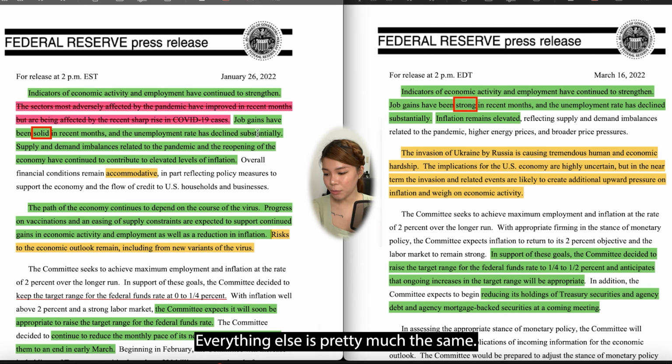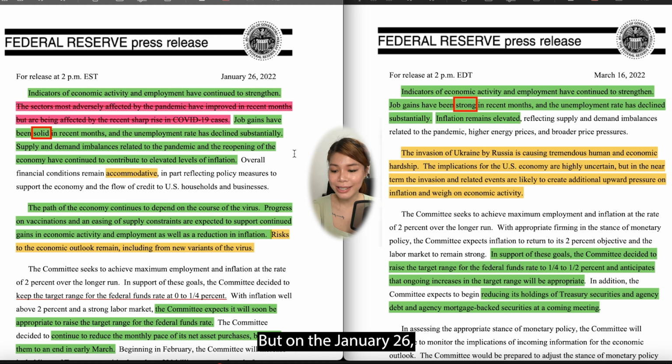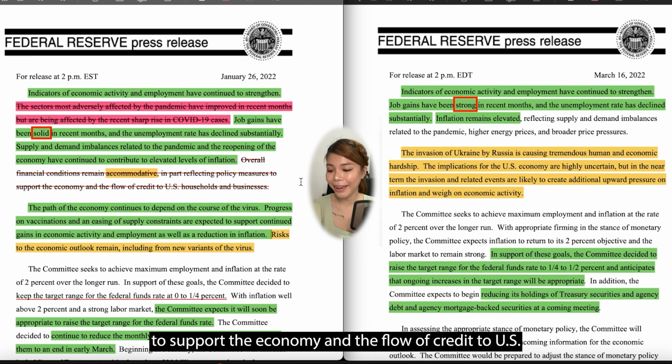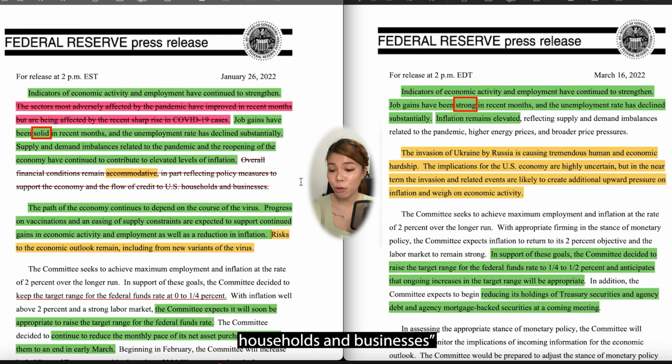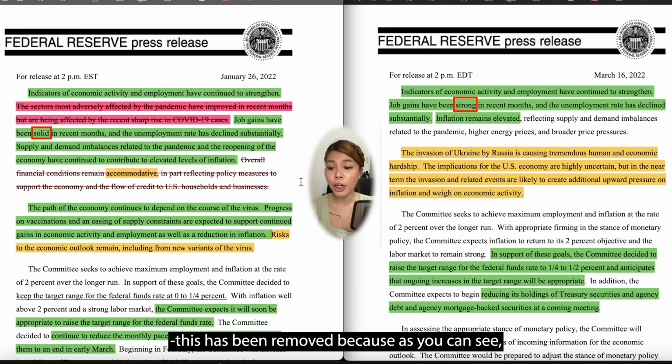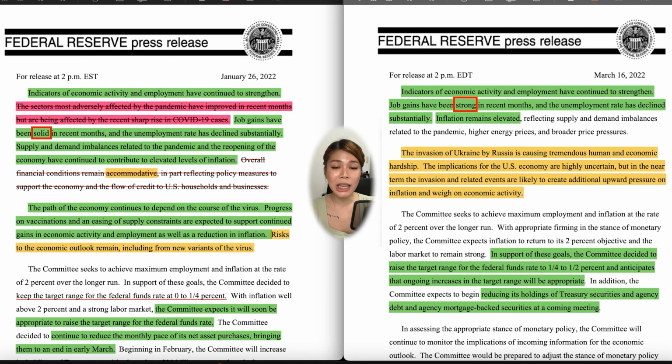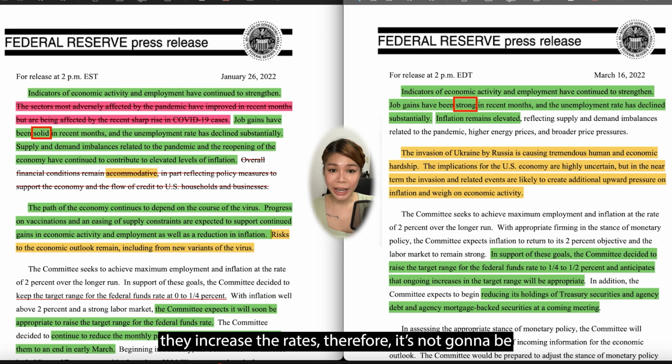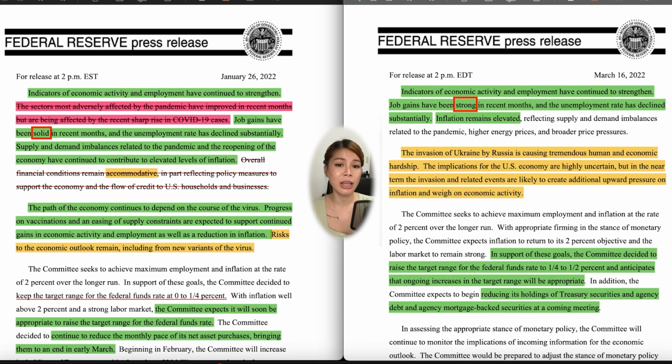Everything else is pretty much the same, but on January 26, overall financial conditions remain accommodative, in part reflecting policy measures to support the economy and the flow of credit to U.S. households and businesses. This has been removed because, as you can see, they increased the rates. Therefore, it's not gonna be accommodative anymore.